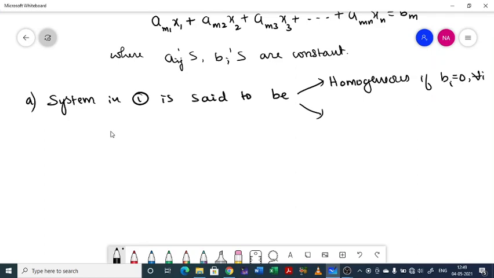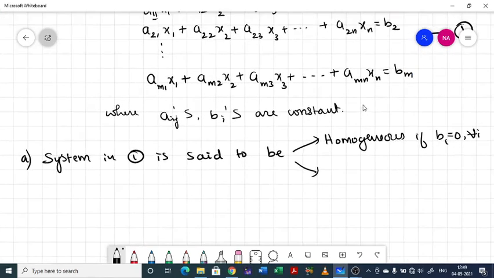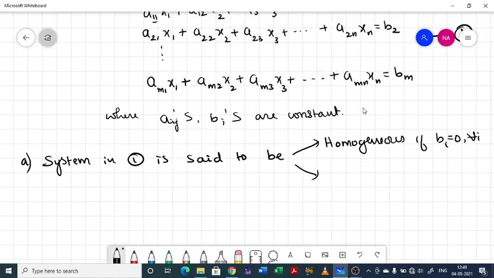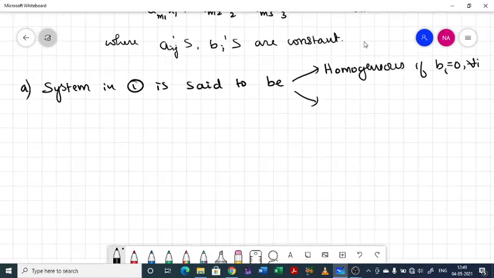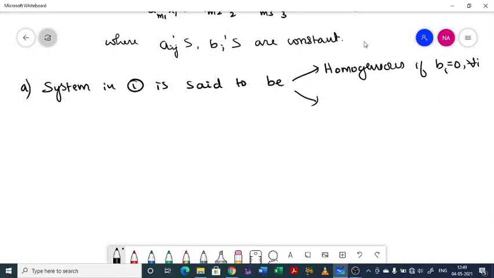If all these constants on the right-hand side, b1, b2, up to bm, are equal to 0, then we call equation 1 a system of homogeneous linear equations.